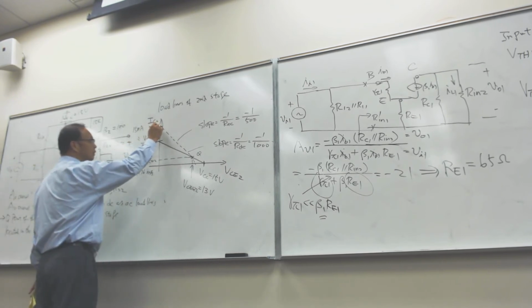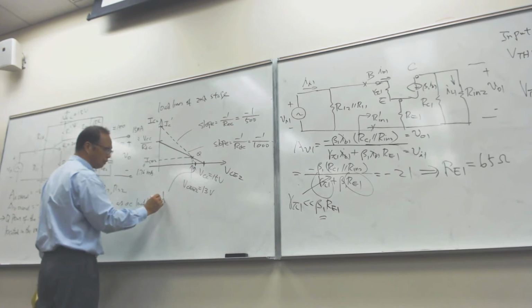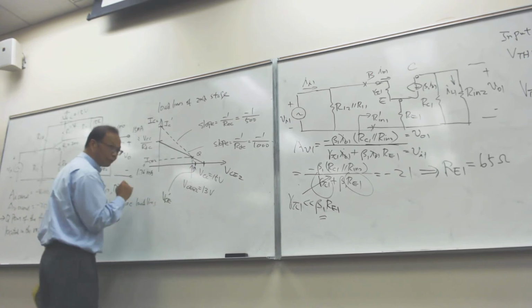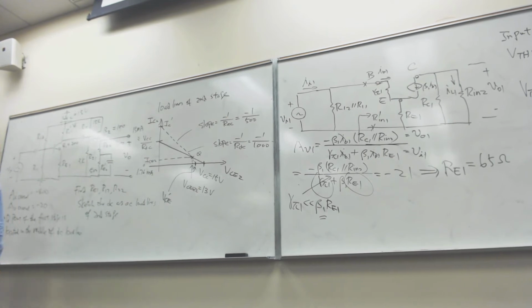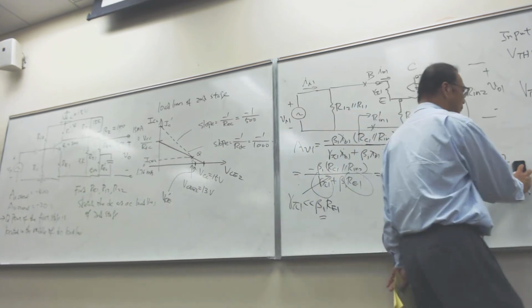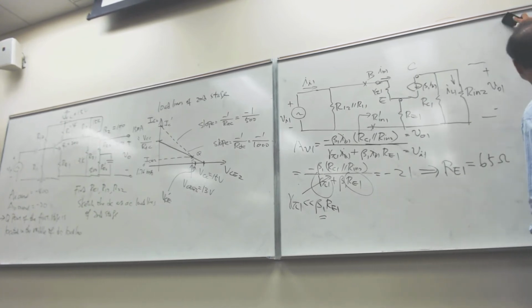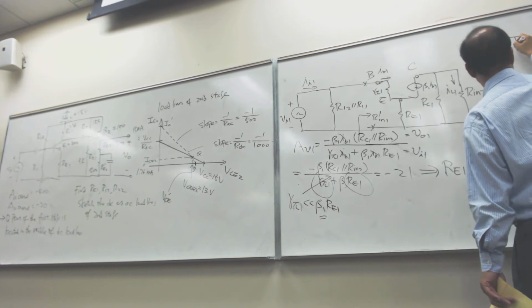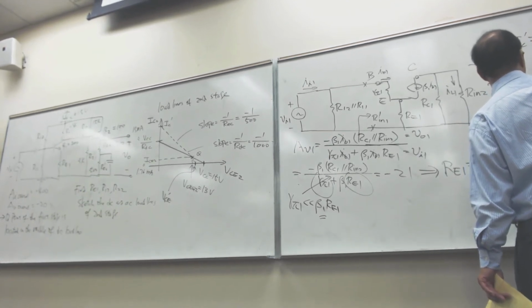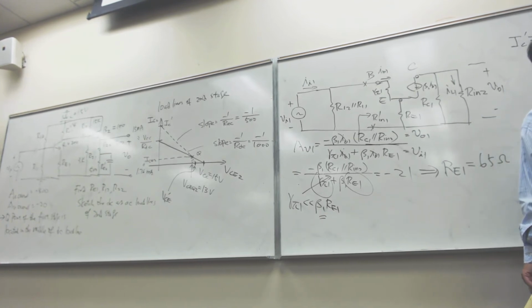The boundaries we call IC prime and VCE prime. So what is IC prime? I gave you the formula before: IC prime is equal to ICQ plus VCEQ over RAC.